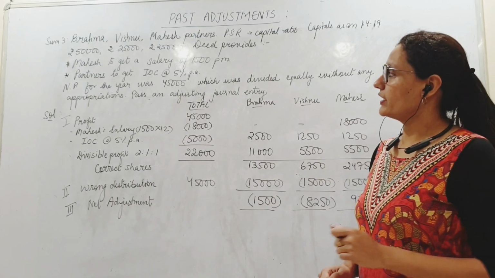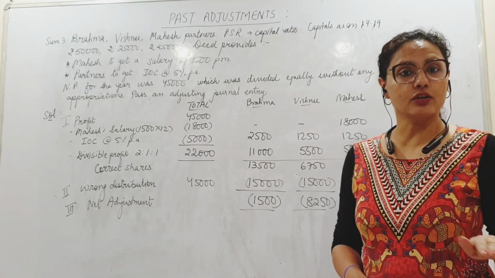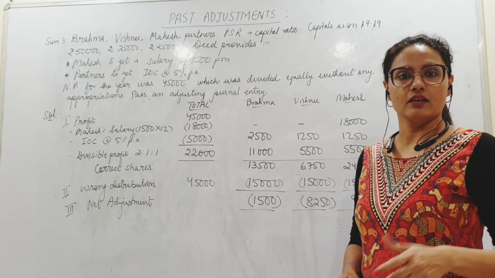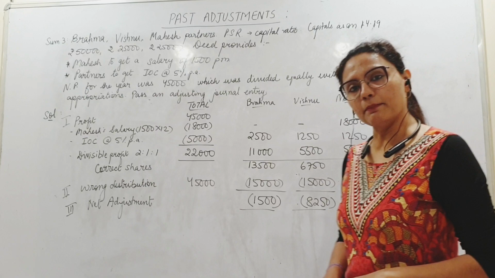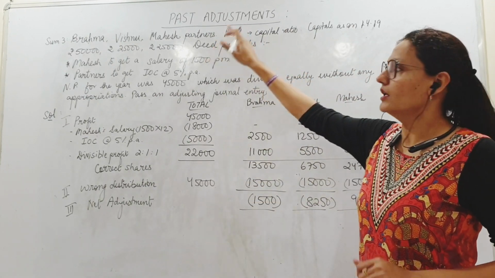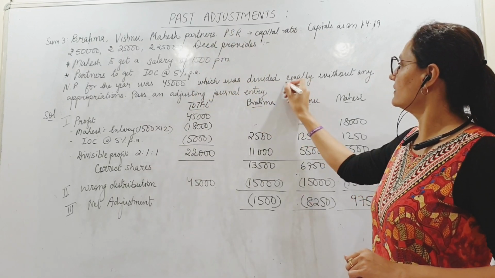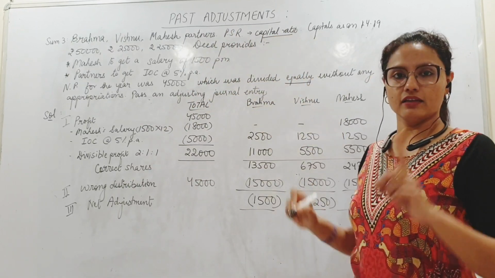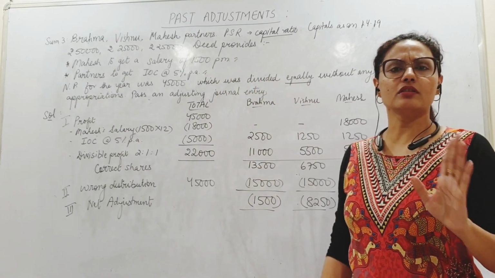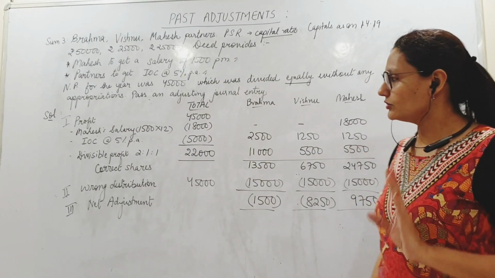Net profit was 45,000, which was divided equally without doing any appropriations. Now we have to rectify. So error number 1: the profit sharing ratio was the capital ratio, but the profits have been divided equally. Error number 2: salary was not given, interest on capital was not given. Right? So now what do we do?